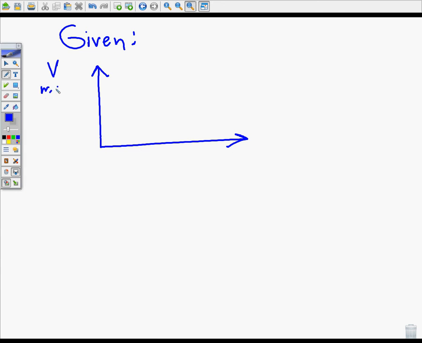Let's say we have a velocity time graph, and let's start off with a nice simple one, where the velocity is constant. Let's say it's constantly positive 20 meters per second, and the object moves forward for 3 seconds.